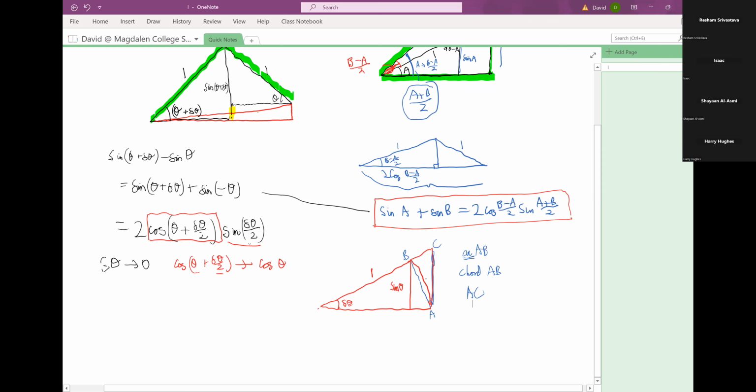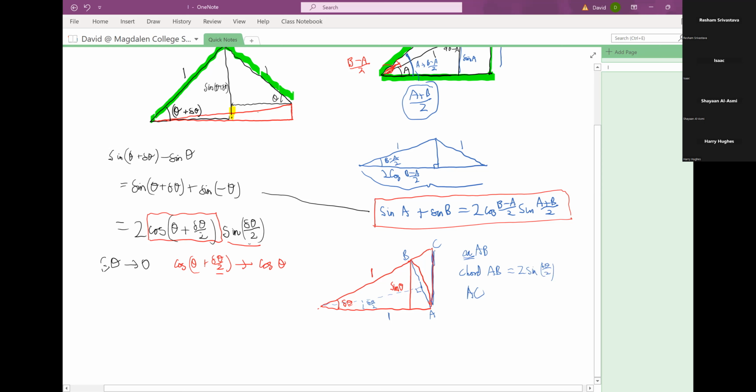Right. So the chord AB, because I've got an isosceles triangle, I could split the triangle in half. This is now 90. This angle is delta theta over 2. 1 is the hypotenuse, and the distance to the midpoint is sine delta theta over 2. So the chord AB is 2 sine delta theta over 2, because it's twice the distance to the midpoint.